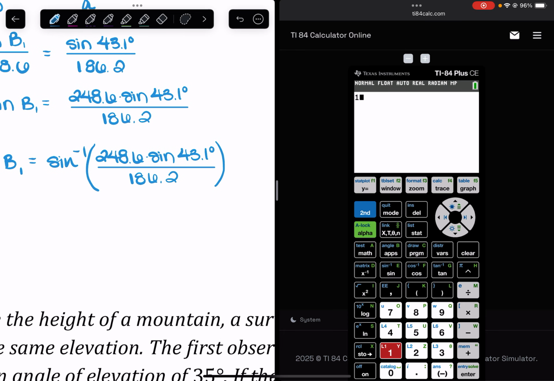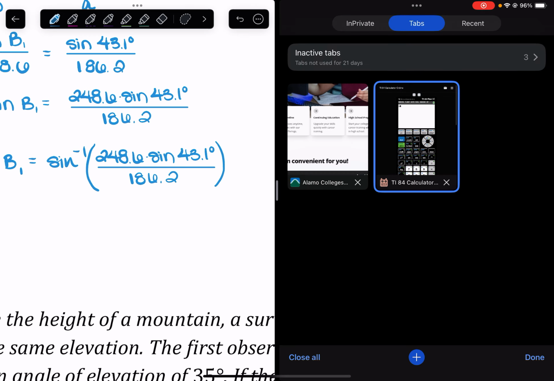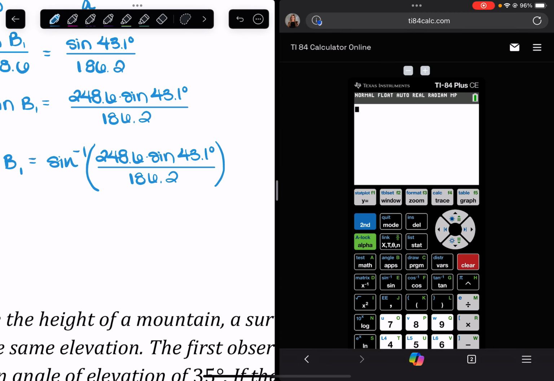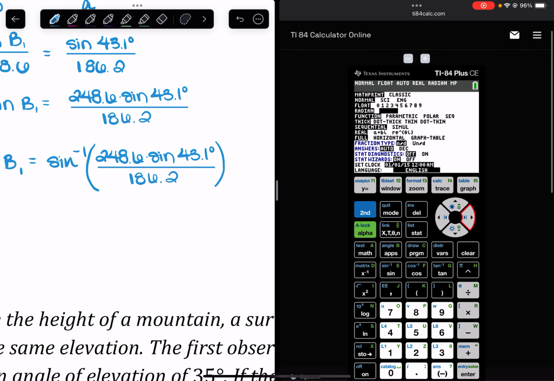Actually, I'm going to check my mode first. Oh, I'm in radians. I'd do it wrong. That would be a problem. Got to be in degrees. All right, I'm in degrees.